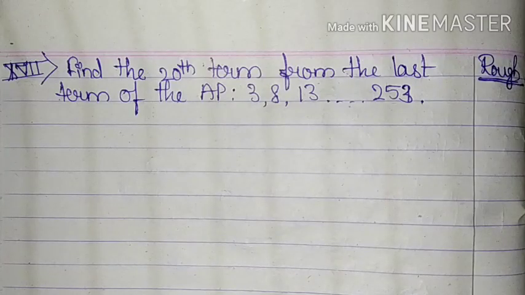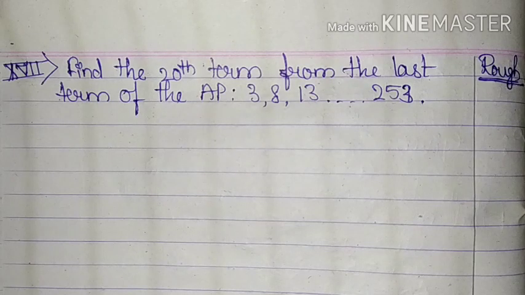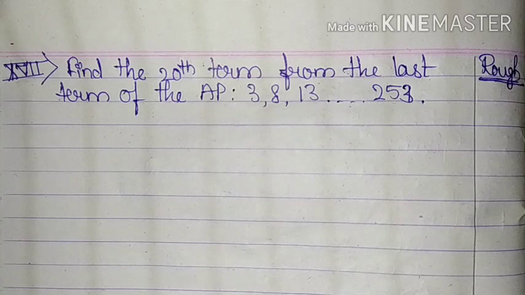In the 17th question, find the 20th term from the last term of the AP 3, 8, 13, and so on up to 253. So in this case, they haven't asked us to find the 20th term from the beginning of the AP. Usually when we calculate an, that is the nth term, we calculate from the beginning of the AP, that is from the first term.